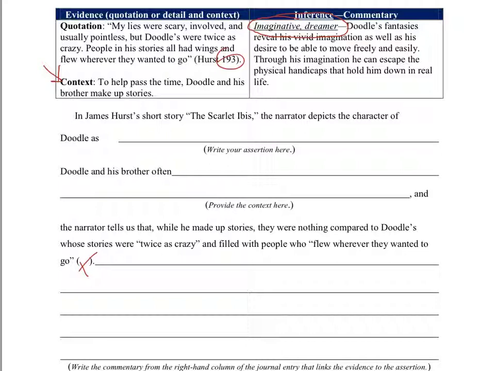And the last step is the commentary in these almost 4 lines at the bottom. And remember that you need to connect the quotes to the assertion. Explain, how do these quotes prove that Doodle was imaginative and a dreamer?